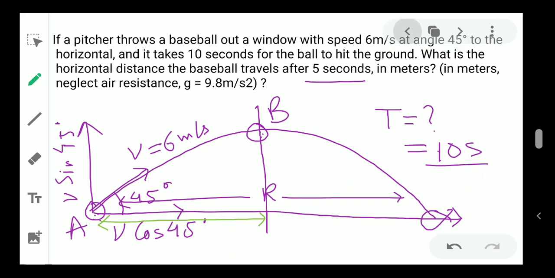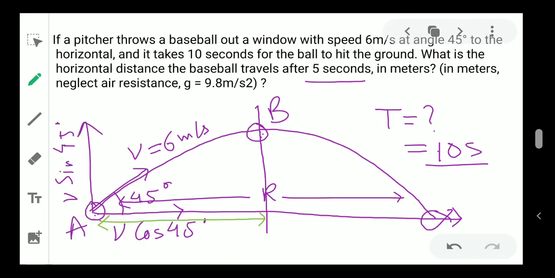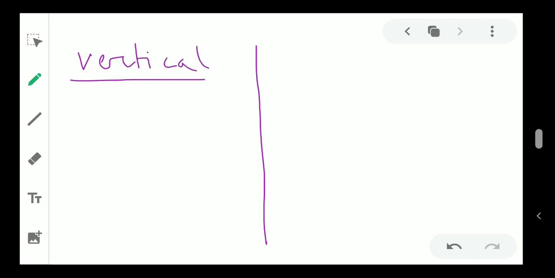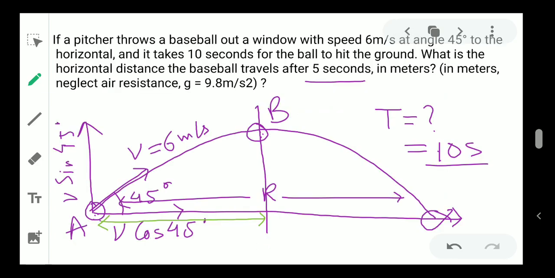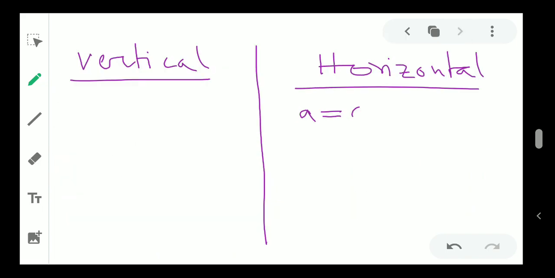We know that in this case also there are two motions, one horizontal, one vertical. So if I segregate these two, that is my vertical and my horizontal motion. You can see that in the horizontal motion, as I always told you, for any constant force the acceleration will be 0.